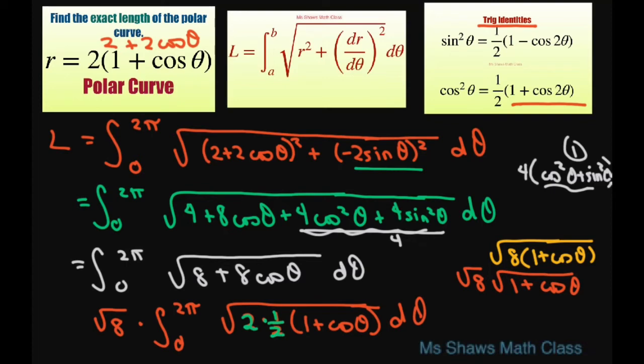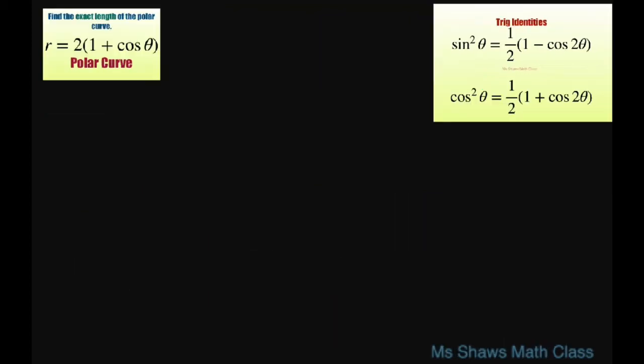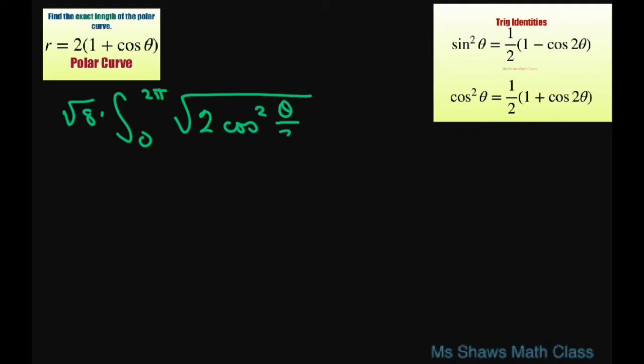So now I can write this part as cosine squared of theta divided by 2, because we don't have a 2 right here. So let's do that, and I'll show you what I mean. We're going to get square root of 8 times the integral from 0 to 2 pi, and this is going to be the square root of 2 times cosine squared of theta divided by 2.